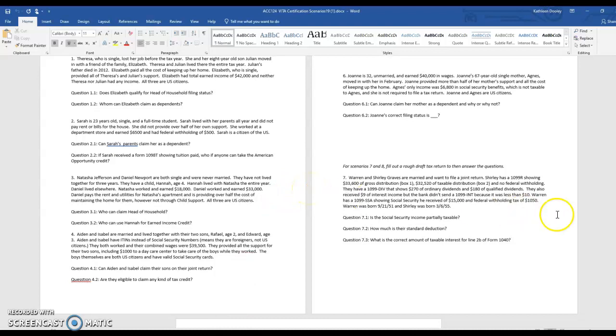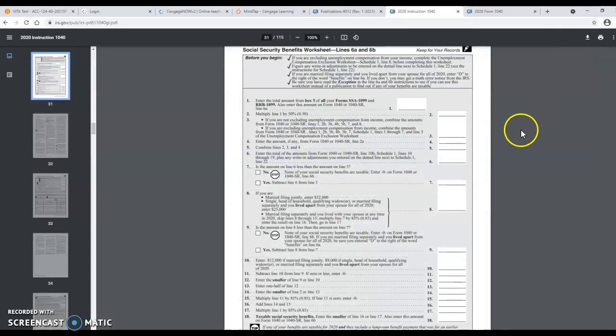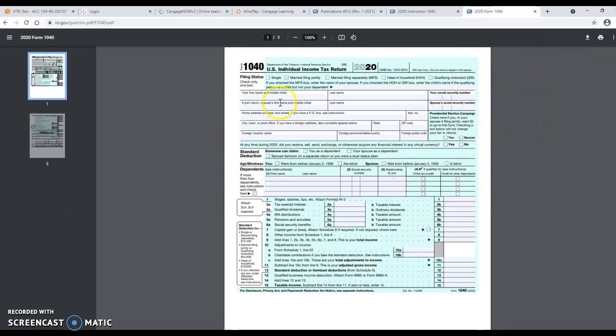Okay, there's standard deduction. So their standard deduction is right on the 1040. Okay, they're married filing joint, 24,800. However, up here, you had to fill out, was Warren born before January 2nd, 1956?